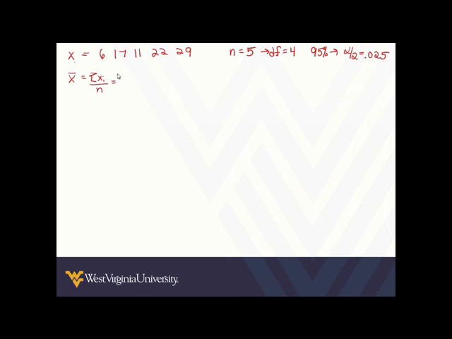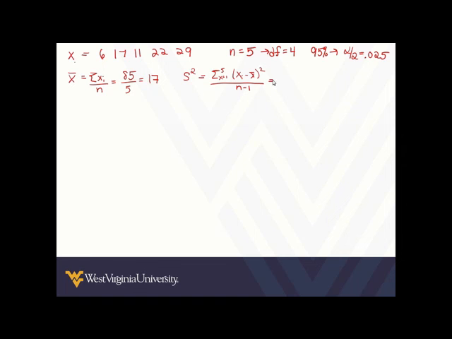So we can recall that our sample mean is the summation of our xi over n. So this would be 6 plus 17 plus 11 plus 22 plus 29. That is equal to 85 divided by our sample size of 5. So this will give us a sample mean of 17. We can then calculate our sample variance, which is the summation of x equals 1 to 5 of xi minus our sample mean squared, all divided by n minus 1.